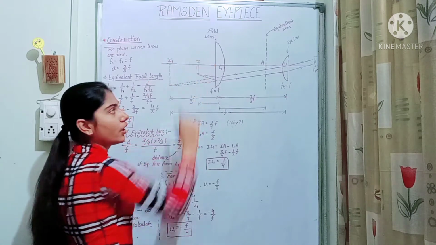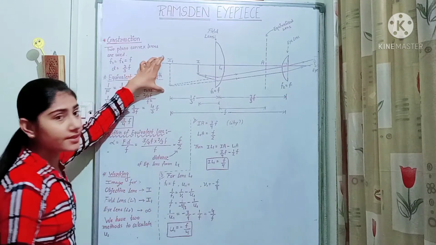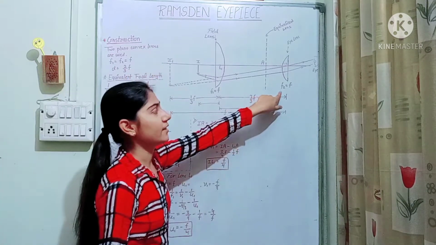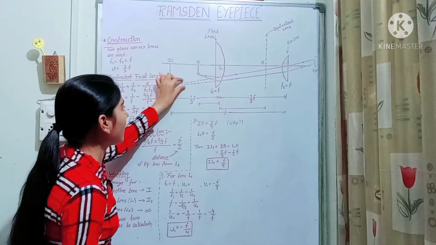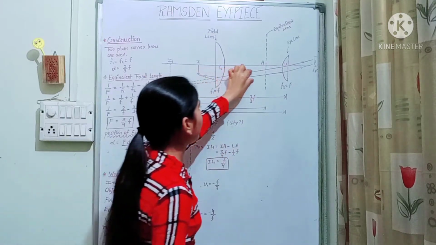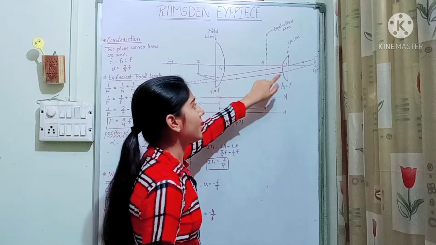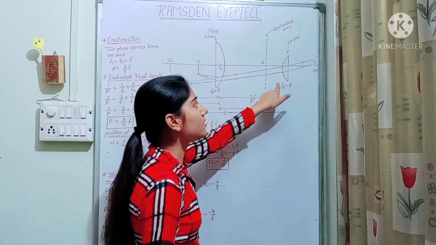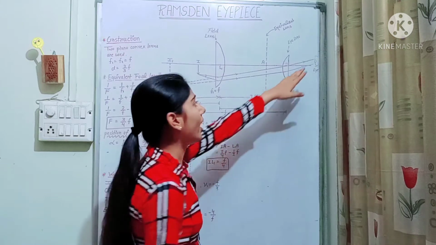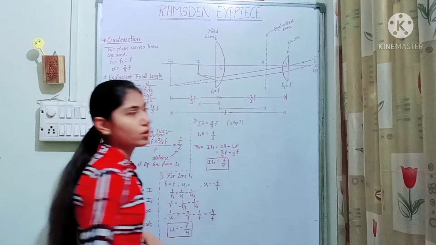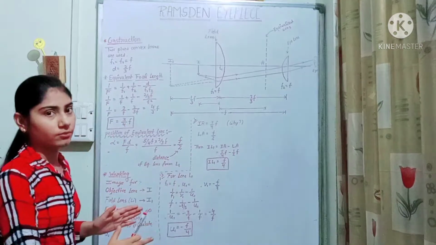This image acts as the object for the eye lens. These rays strike the eye lens, and after refraction through the eye lens, the image is formed at infinity, and when we put our eye here, we get the image. So this is the working.